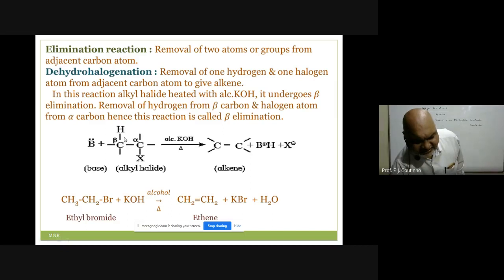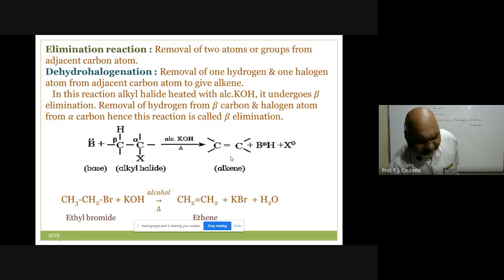So this hydrogen will go with the base, and KOH is formed. K is there, and this K will pick up this X and form KX also. That is one possibility. And this OH and this H form H2O. That is also possible.